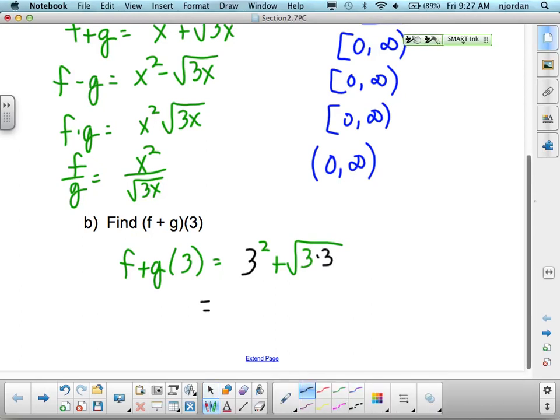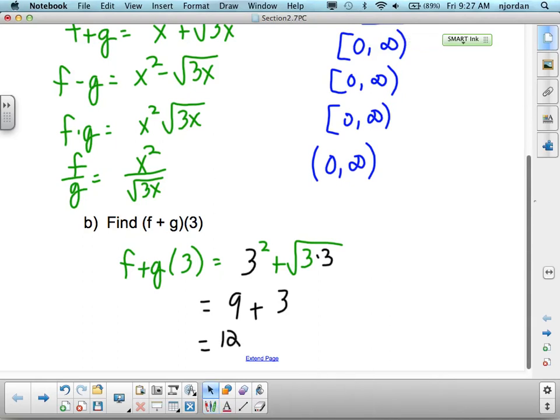That's basically going to be 9 plus the square root of 9, which is 3, or 9 plus 3 is 12. Okay, so we can either take those pieces apart and plug them in separately, or we can take whatever you get when you simplify with your addition and subtraction and then evaluate it afterwards. It really doesn't matter. Okay, so that's basic. Just make sure you check on the domains for those problems.